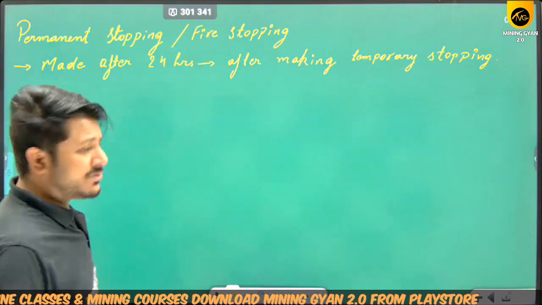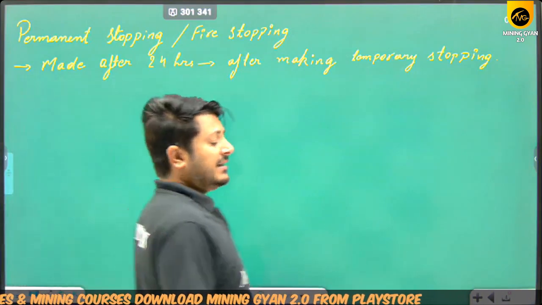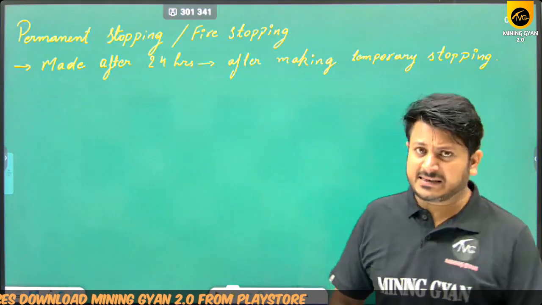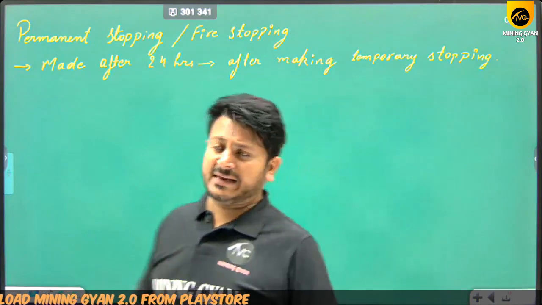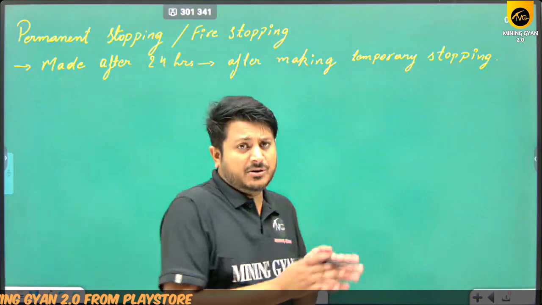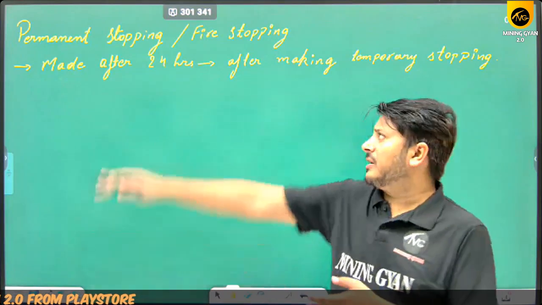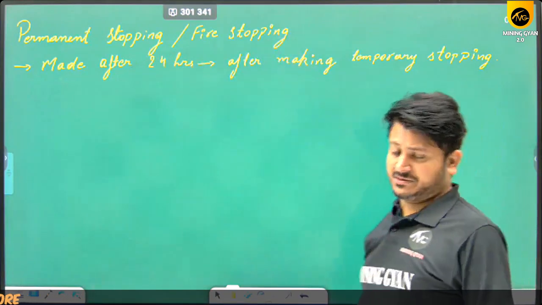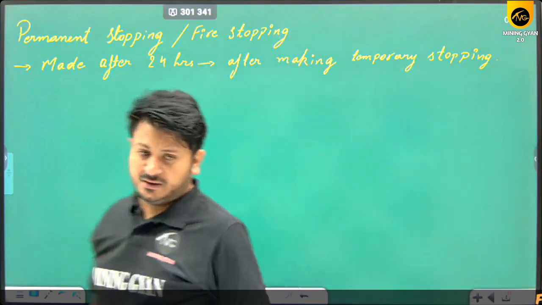And for the next 24 hours we will see if there is any type of explosion or not. If everything is fine, or we can say if everything is under control, then in that case the permanent stopping or the fire stopping is constructed after 24 hours.